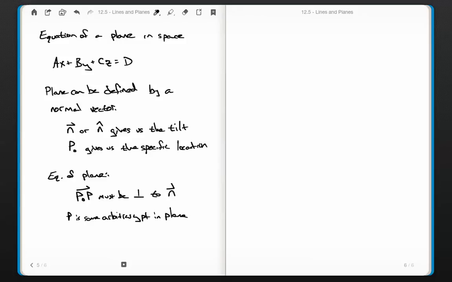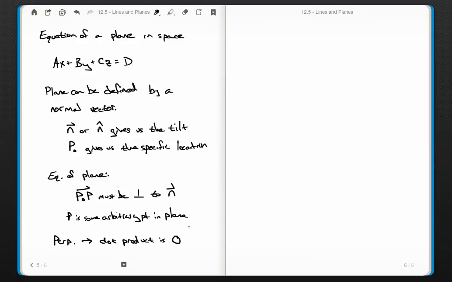Now, if it's perpendicular, what has to be true? Perpendicular implies the dot product is, what is that? Remember the dot product is kind of the projection of one vector onto the other. So the projection between two perpendicular vectors would have to be 0.